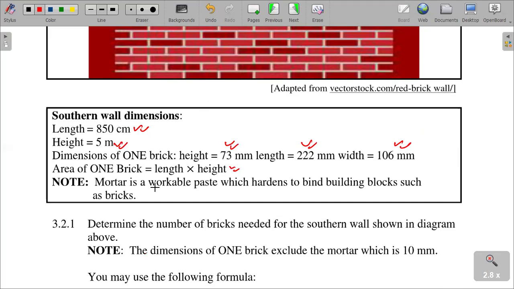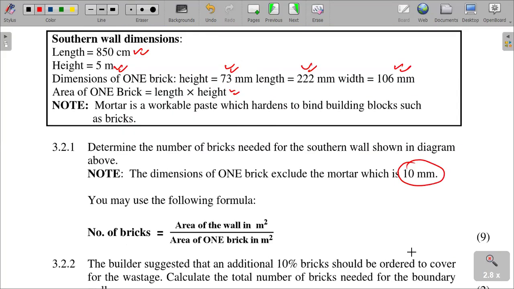So the question wants us to determine the number of bricks needed for the southern wall shown in the diagram above. The dimension of one brick excludes the mortar, which is 10 millimeters. We exclude it. You may use the formula that is given there.